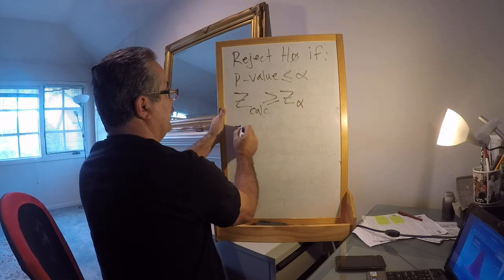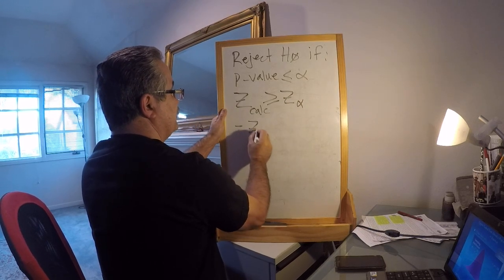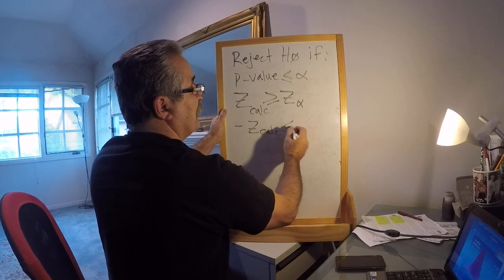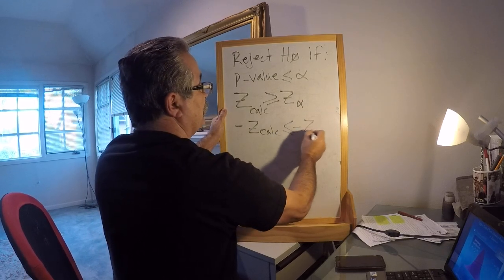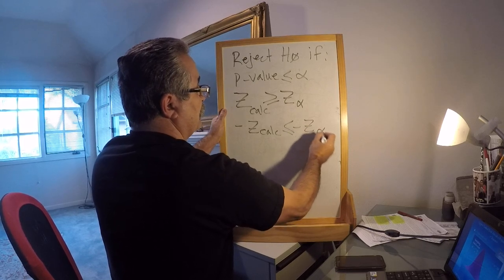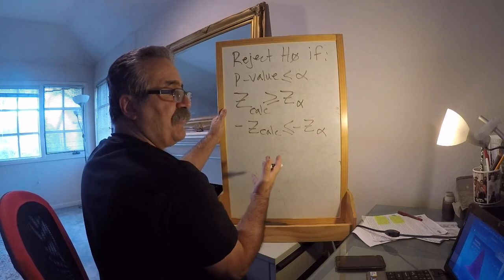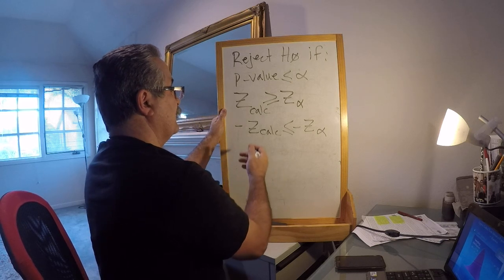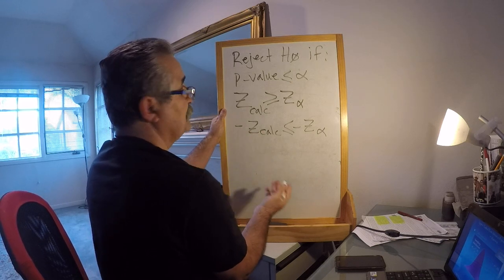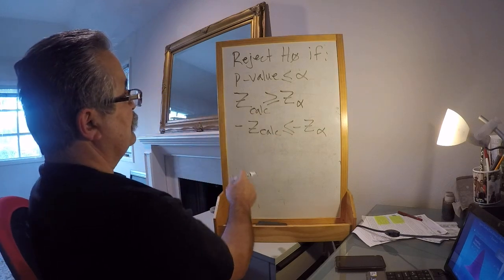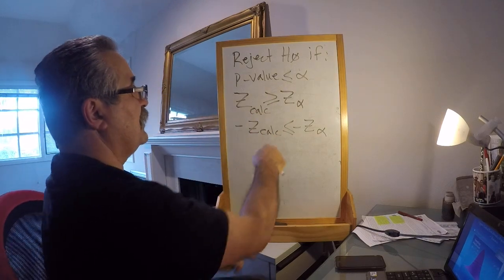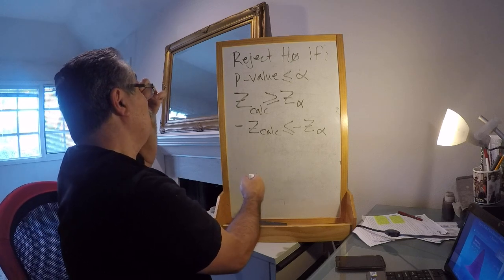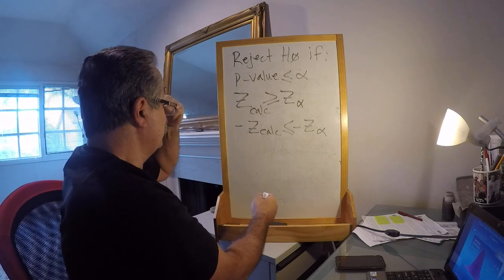For the negative side, z calc is less than or equal to negative z of the alpha, and the same thing for t, and the same thing for z sub alpha over 2. So all you have to do is use z sub alpha over 2 for each side. These are the rejection rules.